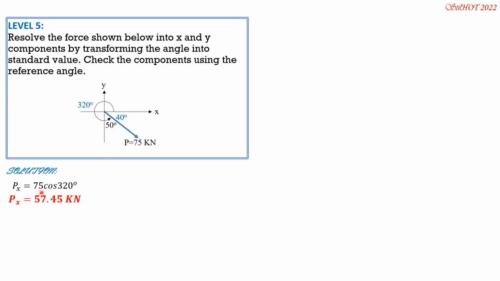So another way of computing Fx is 75 cosine of negative 40, and it is still positive 57.45 kilonewtons. Using the reference angle, it is positive 40. Fx is going to the right, so it is 75 cosine of 40 positive using the reference angle. Then for the y component, using 320 degrees, it is 75 sine of 320.